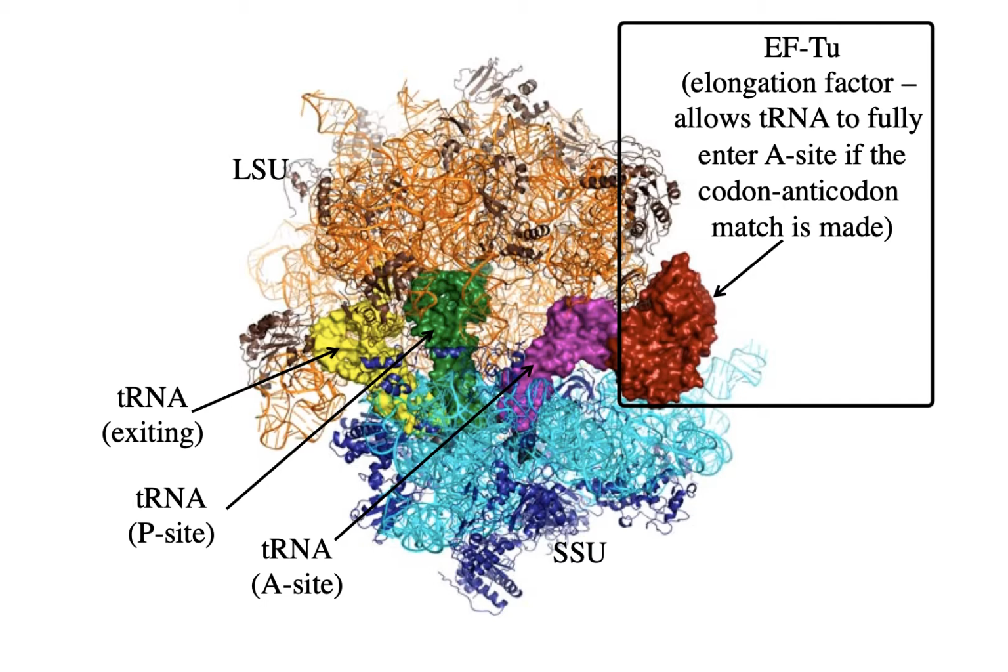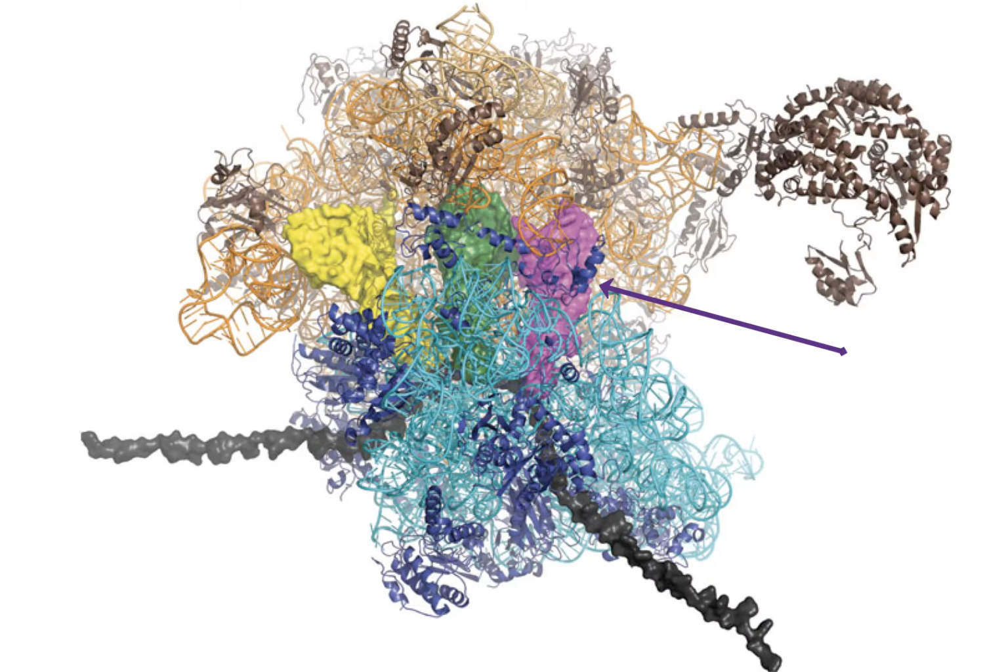And this one acts as a check on whether that new tRNA entering that site is being held there very well by the hydrogen bonding between the mRNA codon and the tRNA anticodon. So as the tRNA enters that A site, this EFTU out here will then clamp down on it, and if it's held tightly, it will allow translation to continue.